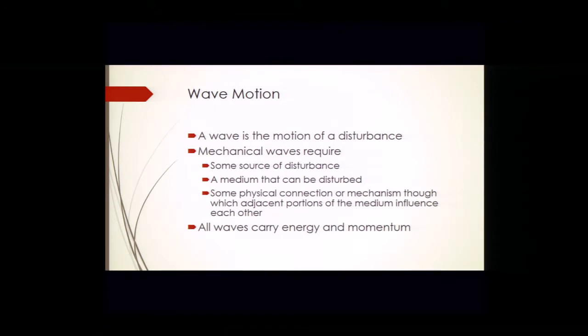Because the vacuum has pulled it out, there's no medium for that sound to move through. Therefore, you can't hear it, because sound is a mechanical wave. So we rely on a medium in order for it to happen. So mechanical waves require a medium, and they require some source of disturbance.